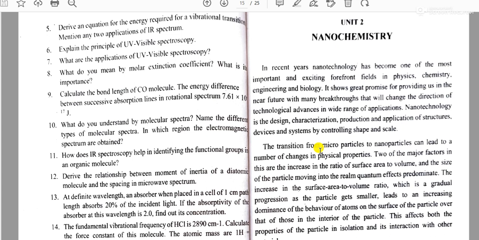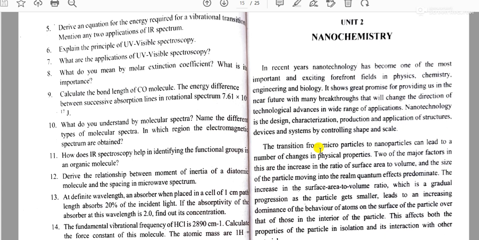But when we reduce the size of these bulk particles, many peculiarities can be introduced in these materials, that is, when these bulk or microparticles reach the nano dimensions.